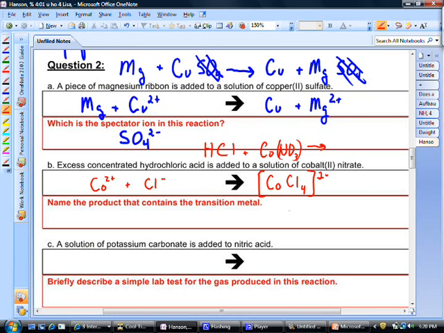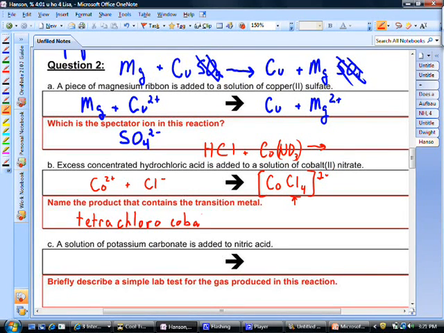Now, what's the name of this product? Well, there are 4 chlorines, so that's going to be tetra, and our Lewis base here is chloro, so that's going to be tetra, let's see, C-H-L-O-R, I can't spell chlorine here, tetrachlorocobalt.